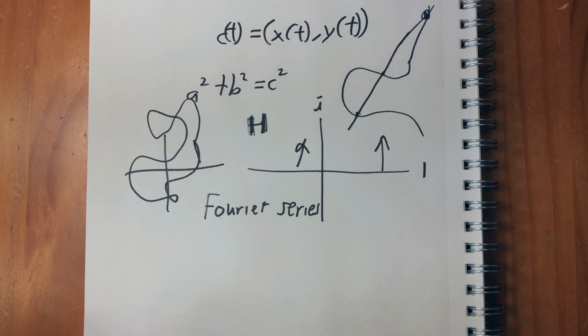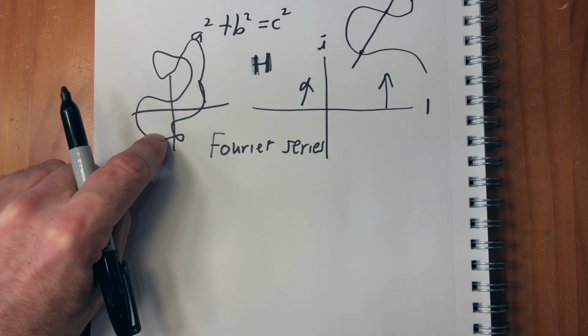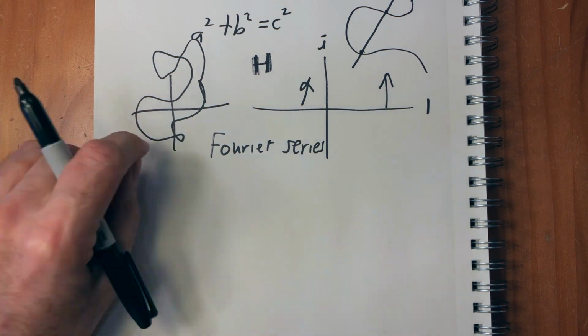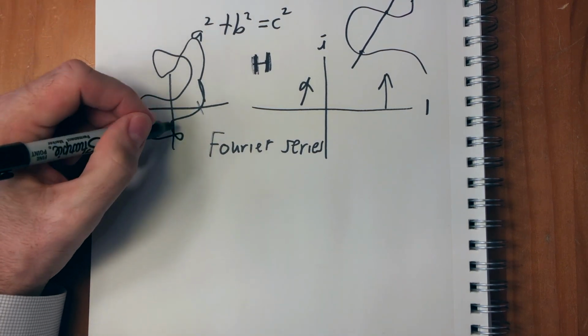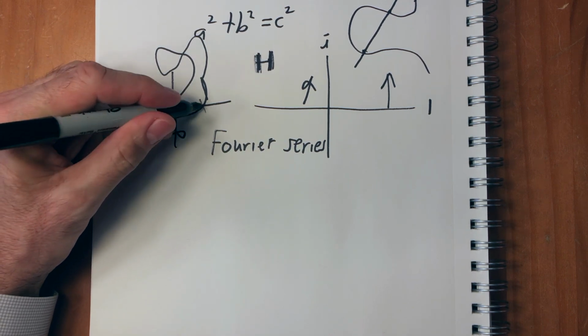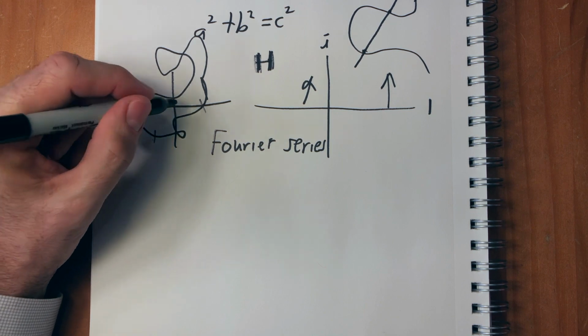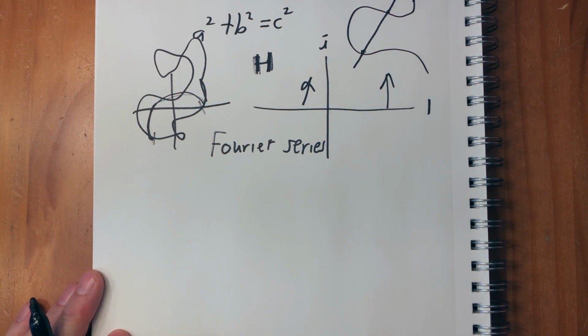So I think that puts the answer to bed, actually, because then if we can parameterize any closed curve with some restrictions using Fourier series, then all we have to do is cut it off here and here, and we would have a parameterization for this curve, right? And then you just sort of connect it, and then you've got your parameterization.